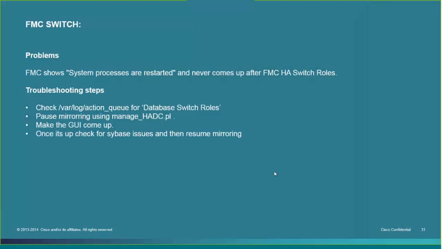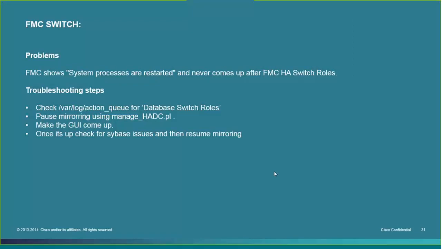Alright, so once the GUI is up, assuming we've identified the problem and one of the error messages that we are seeing, and we have identified the reason why the processes are down, we can take steps or corrective actions to ensure that the UI issue is fixed. After this is done, we can check for Sybase issues.